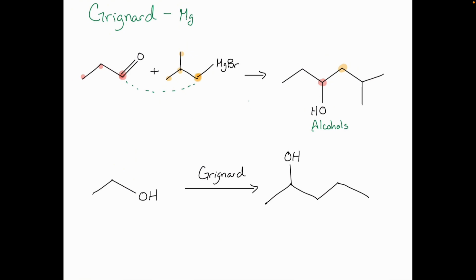All right, so step 1, I want everybody to look at our product here and see if you can find where the new carbon-carbon bond is. Grignard reactions create carbon-carbon bonds, so I have to have a new carbon-carbon bond going from reactants to products.